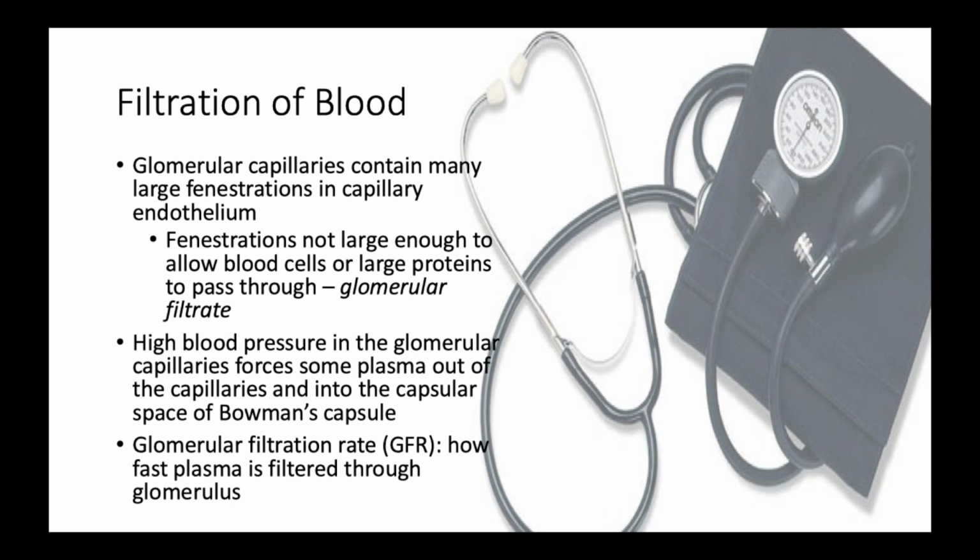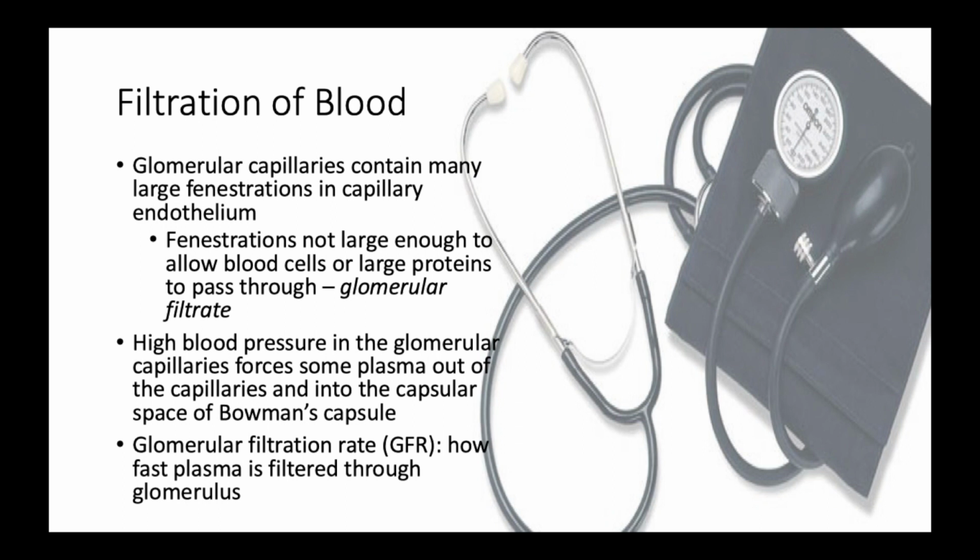The filtration of blood in the glomerulus is mainly a size-regulated process. Molecules within the blood that fit through the fenestrations will move through with the plasma and end up as part of the glomerular filtrate. Larger molecules that can't fit will stay in the bloodstream. Most of the plasma proteins are too large. Blood cells are too large, as I mentioned before.